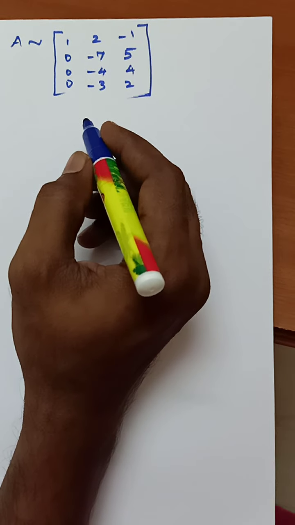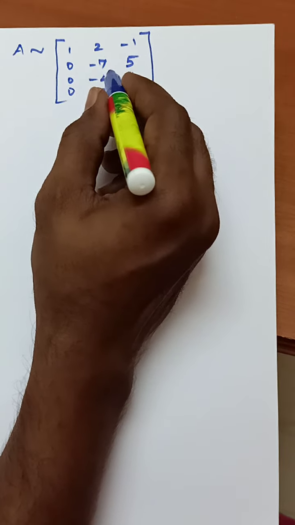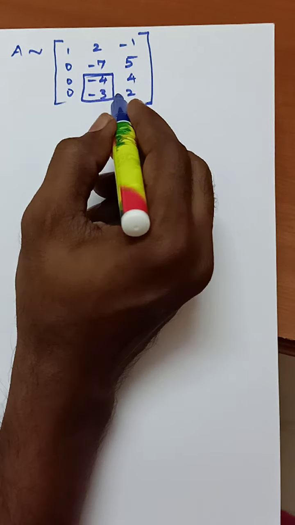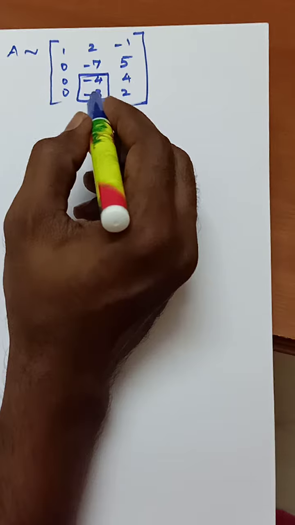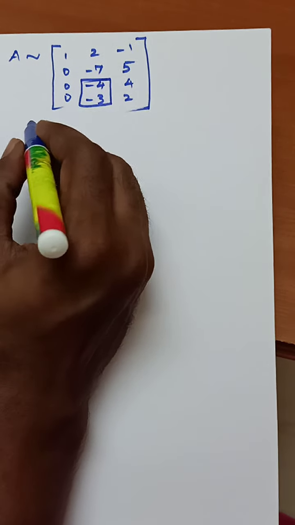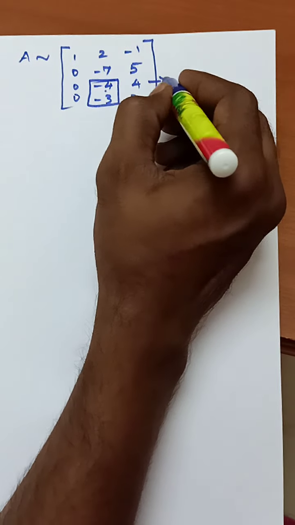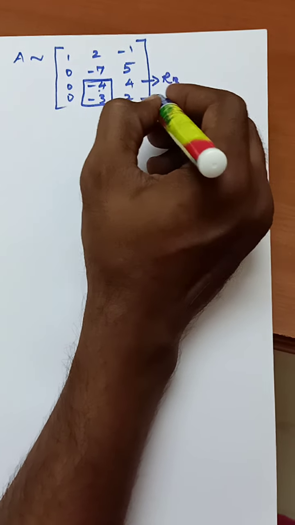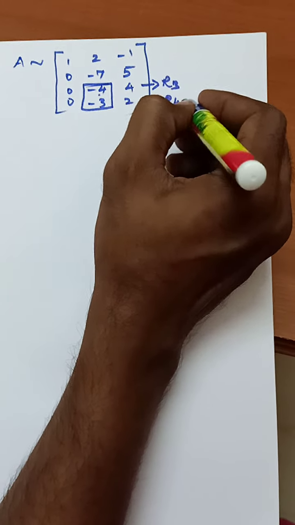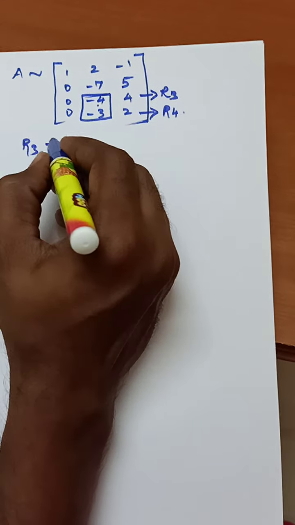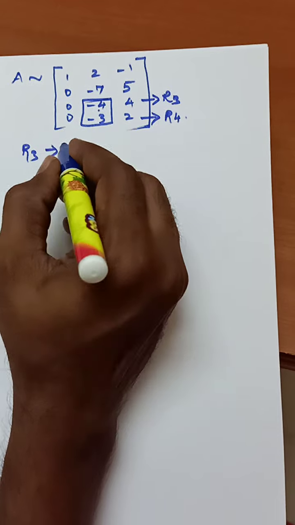Next, in these 2 places I need 0. The triangular form will come like this. So how can I make these 2 places 0? Here I need 0, so take R3 and R2. In R3 you have minus 4, and in R2 it is minus 7.